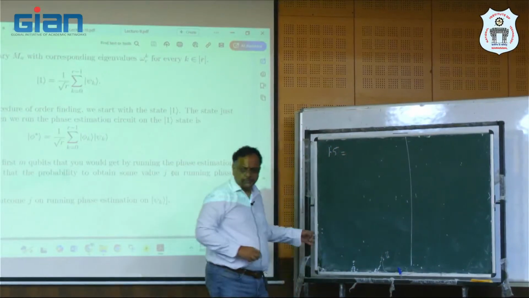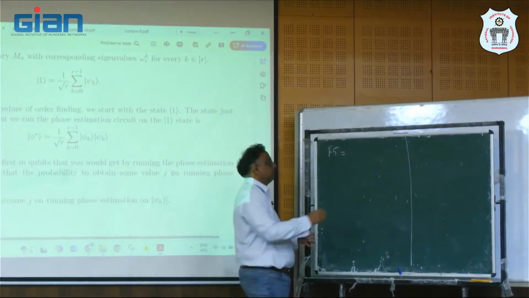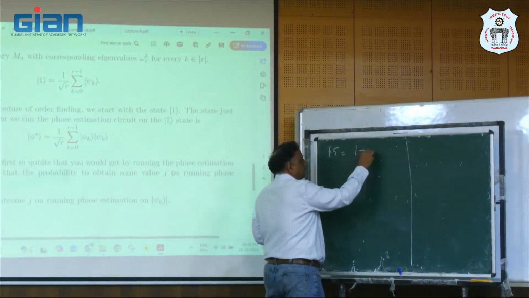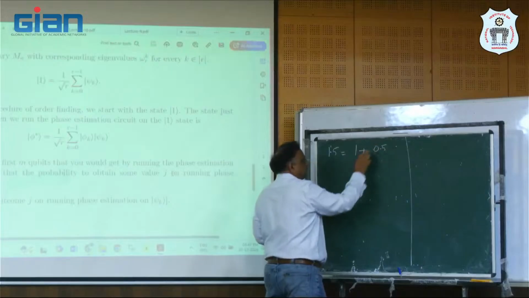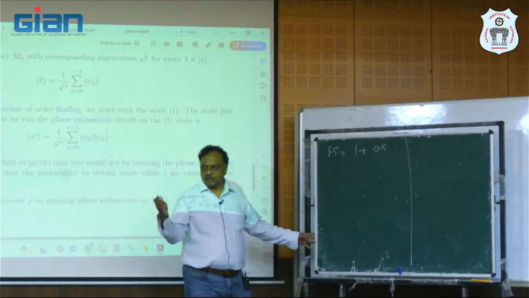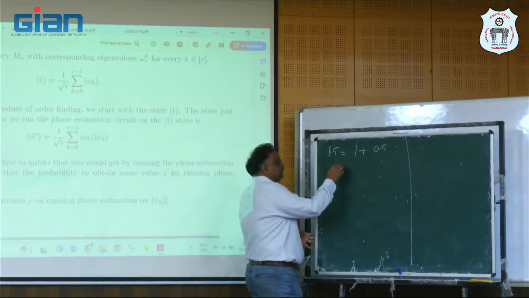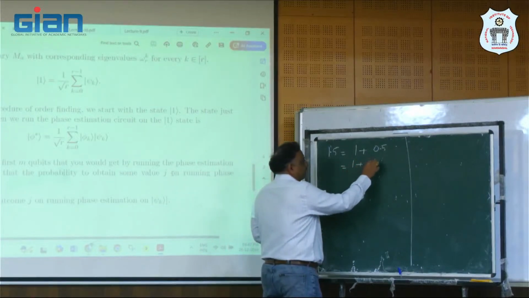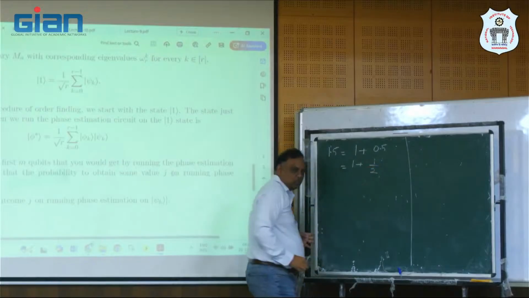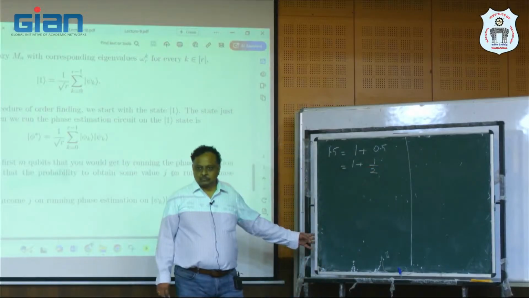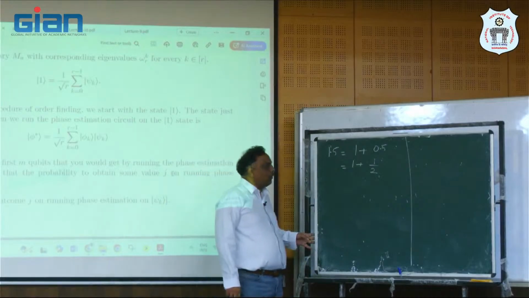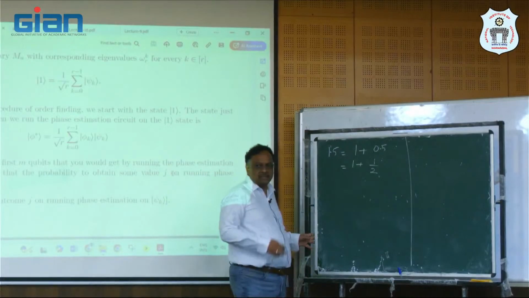What are we going to do in the continued fraction algorithm? We'll write 1 plus 0.5. Take the integer part, fractional part. Then this we write as 1 plus 1 over 2. Now it's done, right?